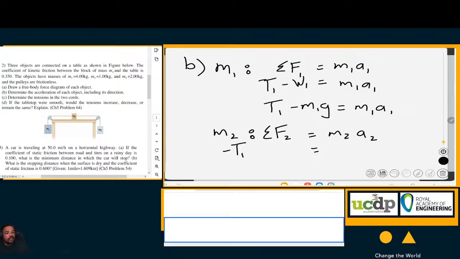Then towards the right we have the force due to tension from block 3, and don't forget the frictional force, and that is equal to the mass of block number 2 multiplied by its acceleration. Now, is there anything else we can put in for block number 2? Not really.